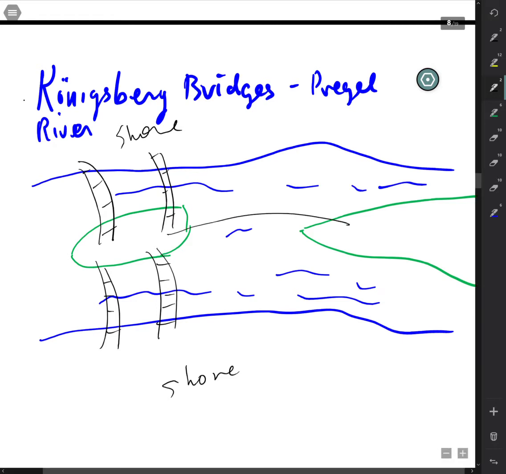This island was connected to this other island in the middle, and then the shore to this island also had bridges like so.